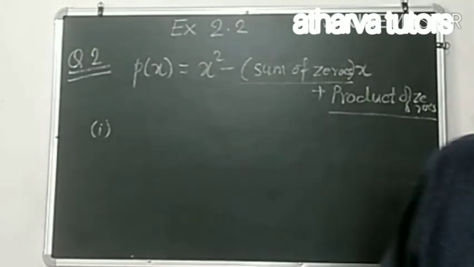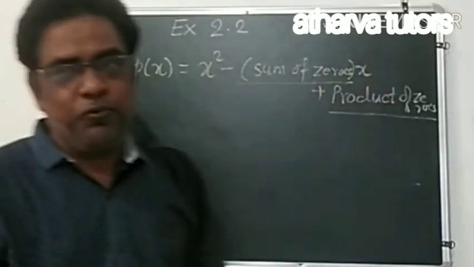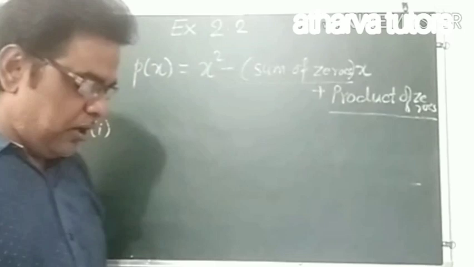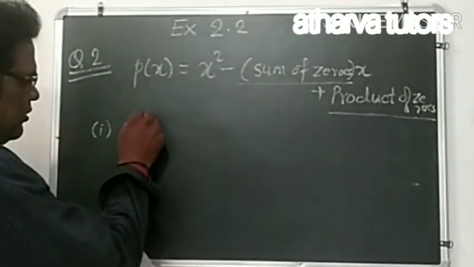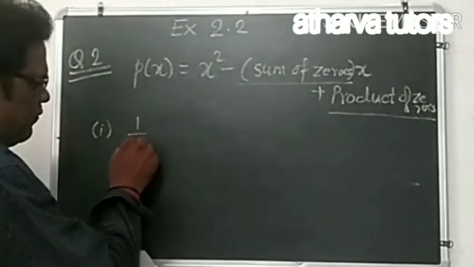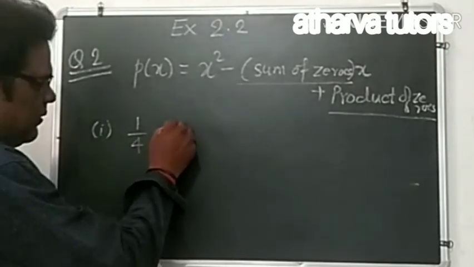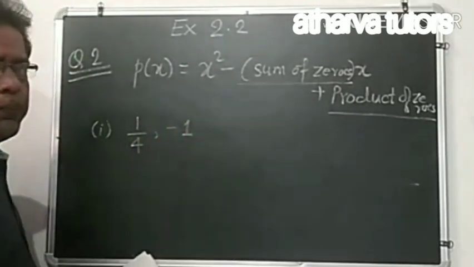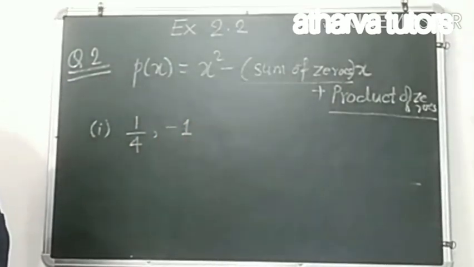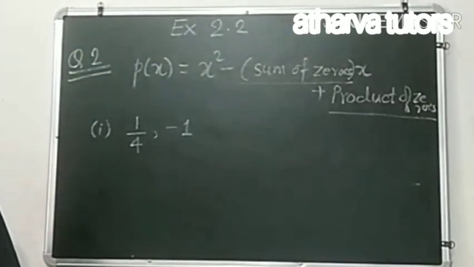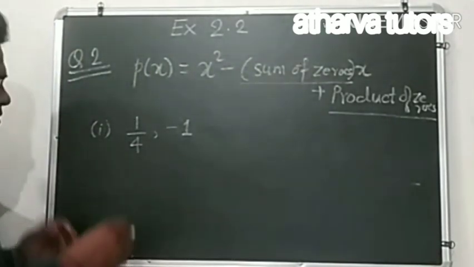So here you are given the sum and product and you have to find the quadratic polynomial. 1 upon 4 is the sum, and minus 1 is the product. You have to form the quadratic polynomial based on this.